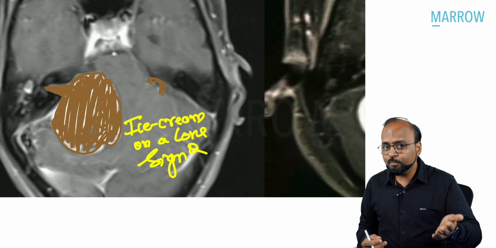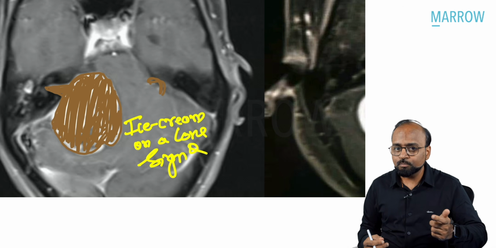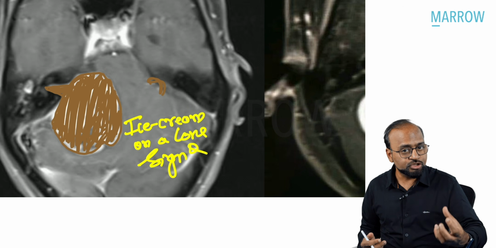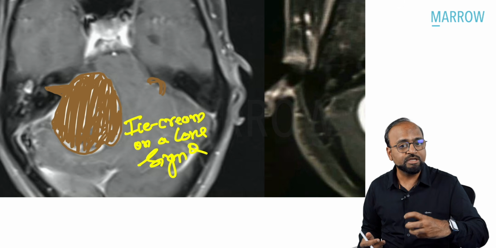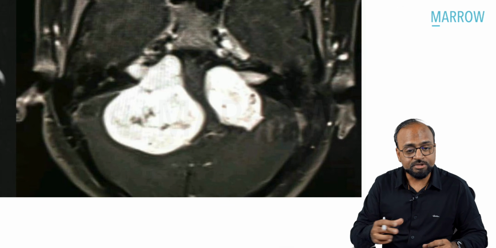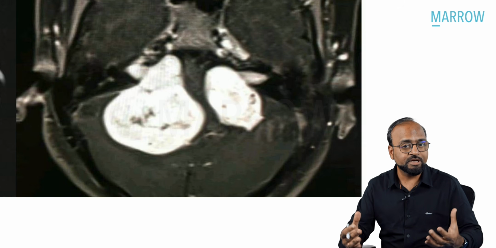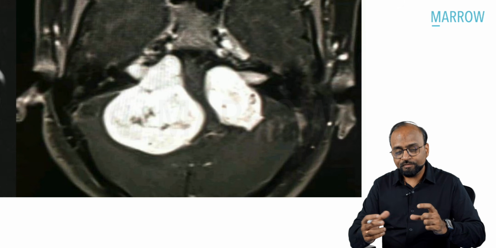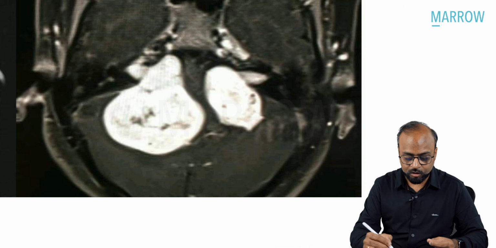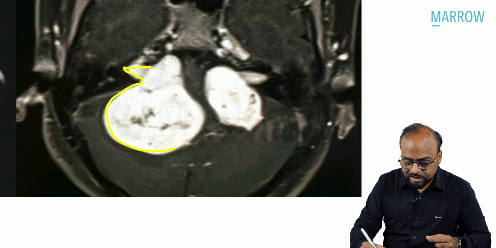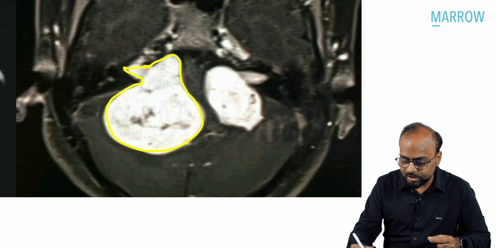Now, another important clinical point to note here is that in this patient we are able to see an acoustic schwannoma with a typical ice cream on a cone sign unilaterally. But when you see such acoustic schwannomas, and you can see on both these post-contrast MRI images, they are enhancing very intensely. So when you see bilateral acoustic schwannomas, on both sides you are able to identify the cone as well as the big chunk of the ice cream in the cerebellopontine angle.